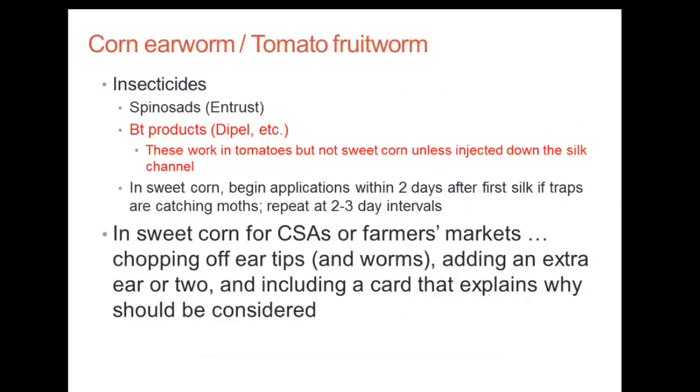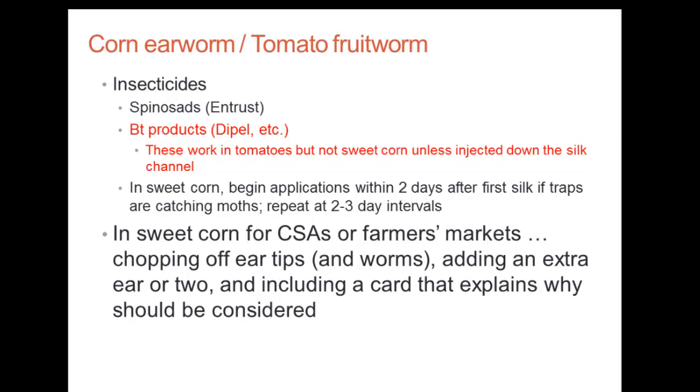If you do that in your smaller scale production, the products that you can use are spinosad, the Entrust product, or BT. BT works in tomatoes but not in sweet corn, and you're saying, yeah, this is some sales pitch again here or something like that. But realize that corn earworm does not eat anything in sweet corn until it gets inside the silk channel.